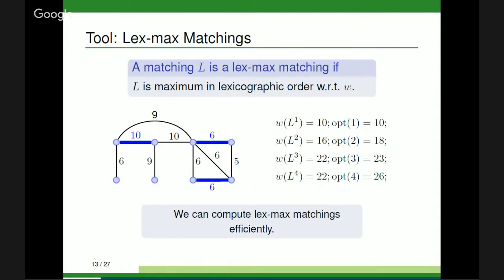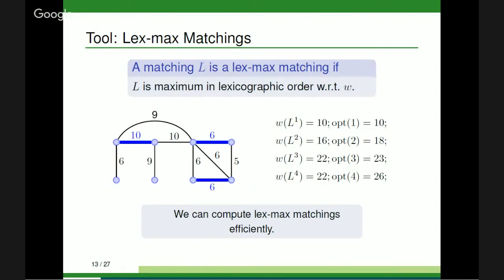So essentially you just write the weights W1, W2, W3, sort from larger to smaller, and then you want this string to be lexicographically maximum. Okay, so every Lex-max matching induces one string.